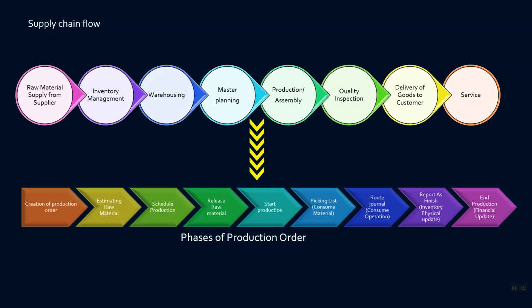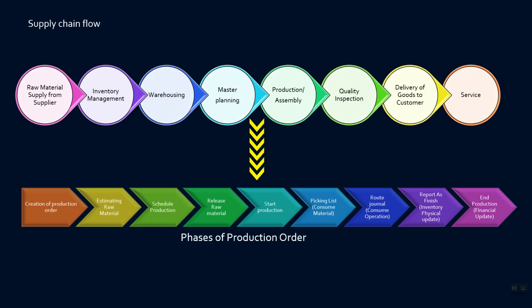When you click on report as finished, at this stage your physical inventory is ready. But the financial cost of that physical inventory is not updated in the system. Why? Because report as finished can be reversed, so no one knows the final cost of that particular product.